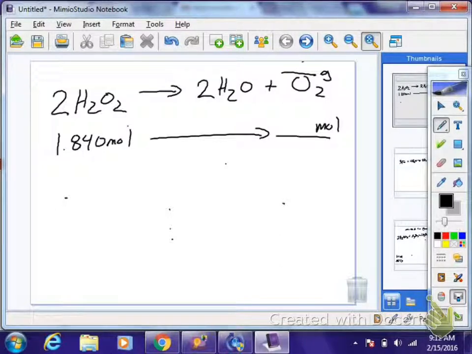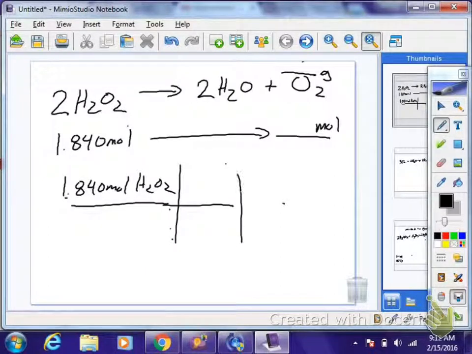So then, the 1.840 is what we start with. And to do a mole ratio is just like what we did for Thursday's problems. So down here, I'm going to write exactly what I have, moles of H2O2.